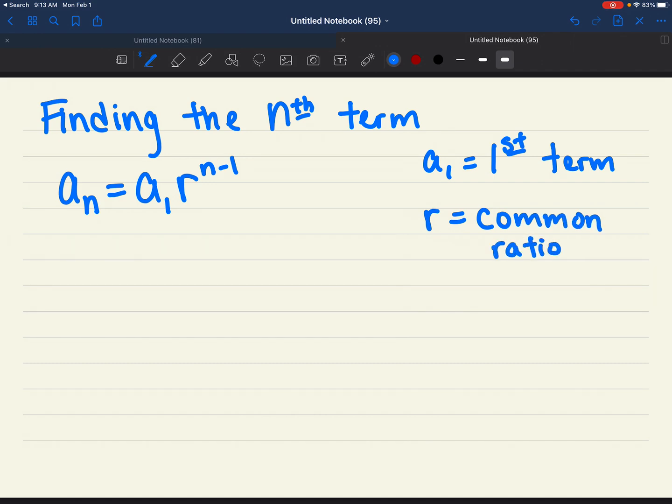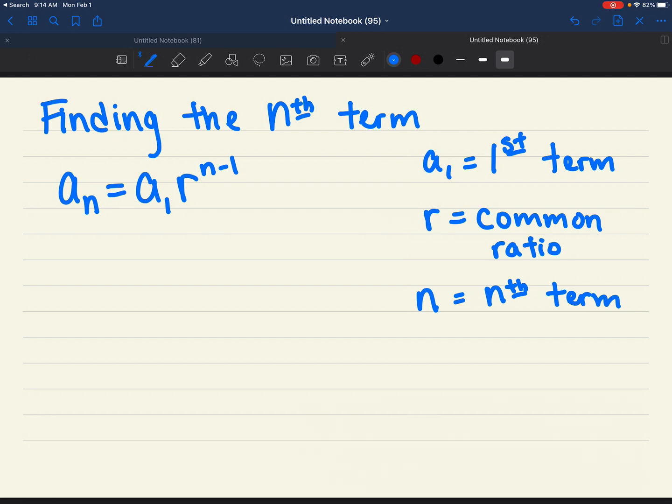So how do you get from one number to the next? And then n is going to be your nth term.